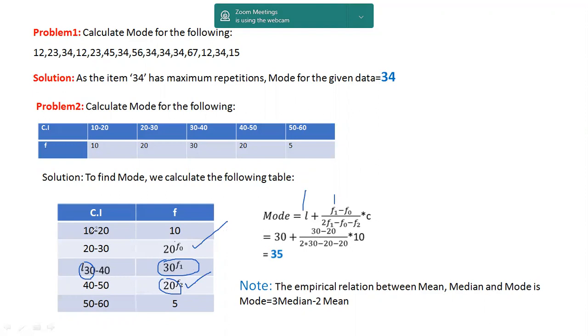You can see here the class interval width is 10, since the difference between the two terms is 10. After simplification, we are getting 35. And the relation between mean, median and mode is: mode equals 3 times median minus 2 times mean.